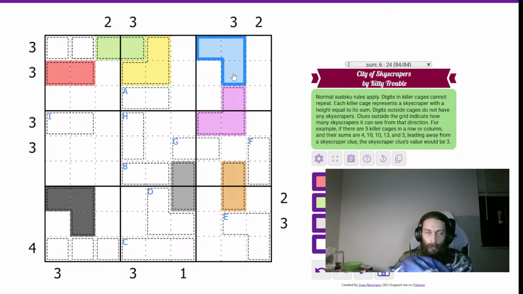Well, I just get that blue is smaller than E. I don't know. Can't keep all these relationships in my head.